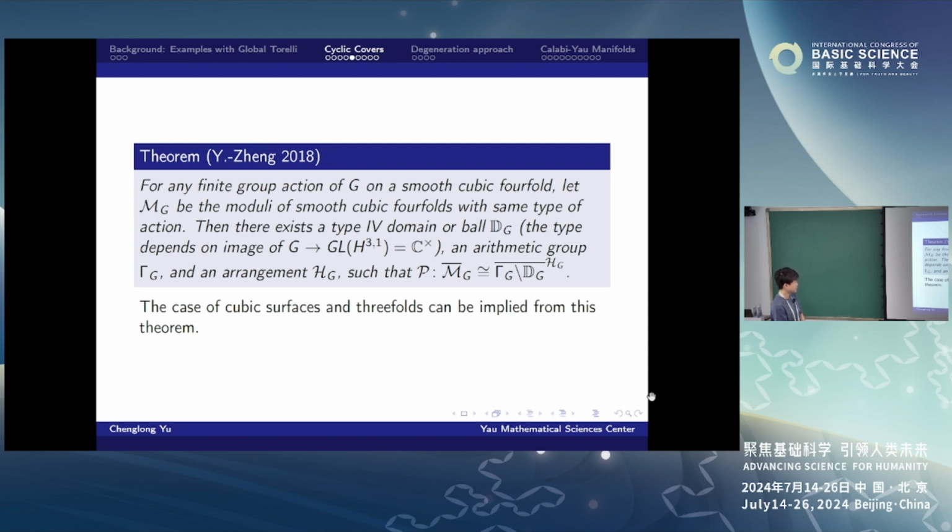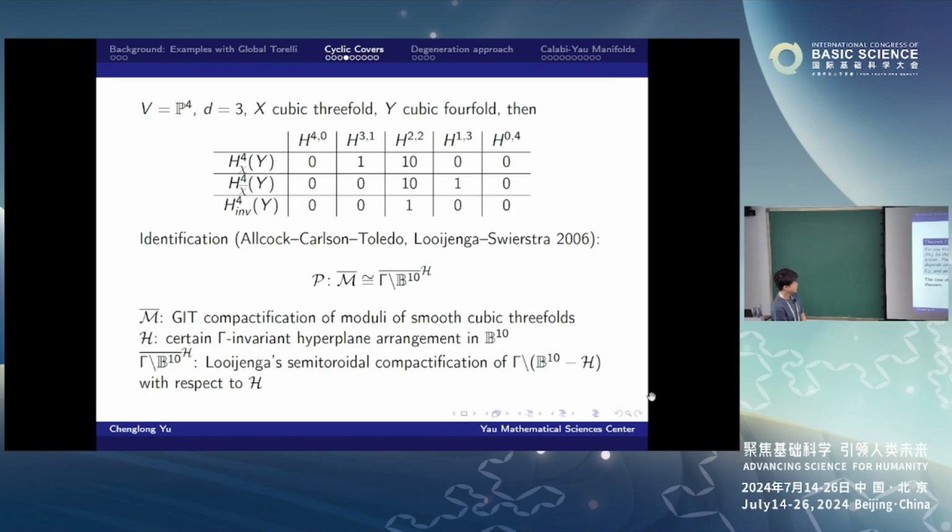So, for example, in the previous case, this moduli of cubic threefold is just a cubic fourfold with cyclic group symmetry.